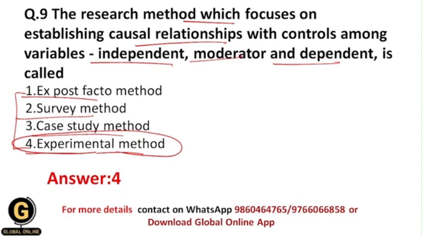And I have told you earlier what the ex post facto method is, what the survey method is, and what the case study method is. Within the ex post facto method I won't have control over the variables, right? That's why it gets eliminated. Within the survey method, though I will have the variables, my focus is still not on establishing causal relationships, because here I am getting the opinions from my respondents.